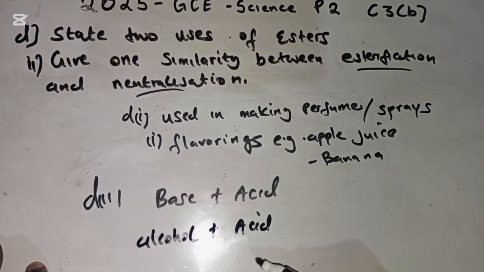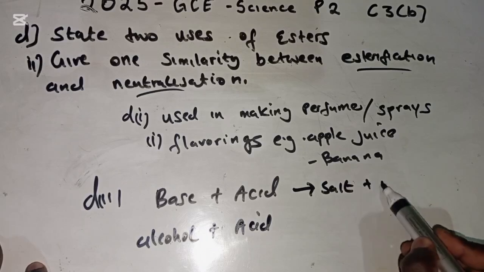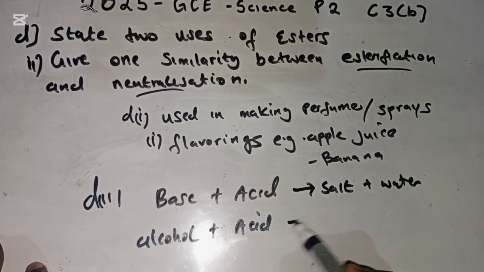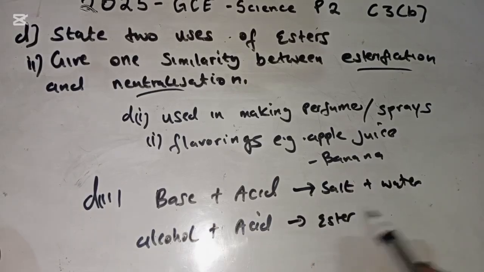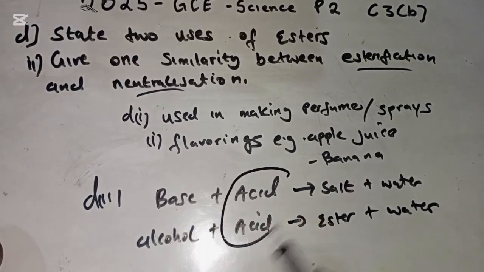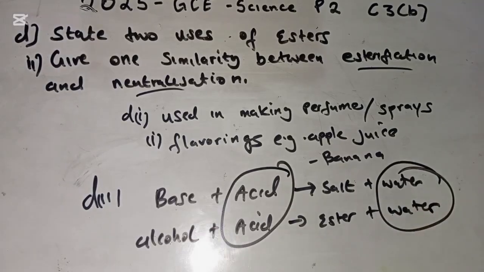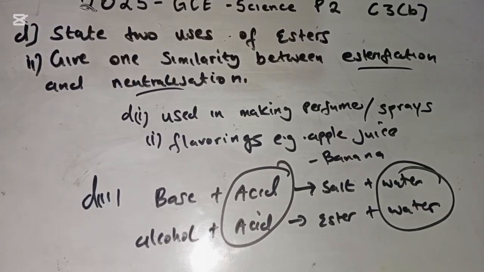This one will give you salt plus water. This one will give you ester plus water. So just look at the similarity here. Both produce water at the end. Both reactions involve reacting something with an acid.